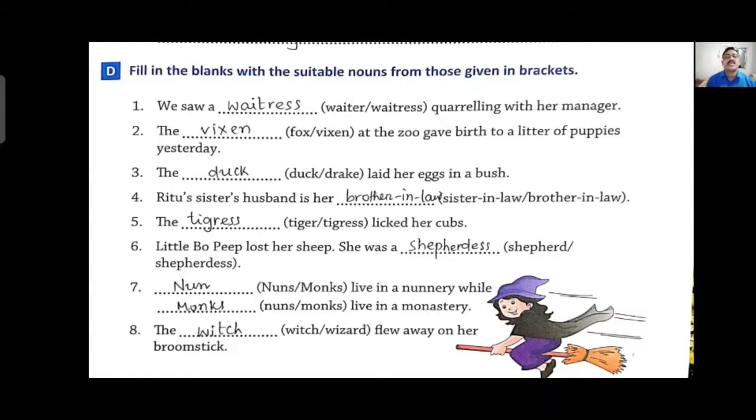So I have changed the red color nouns to their opposite gender. Now part D: fill in the blanks with suitable nouns from those given in brackets. First one: we saw a dash (waiter or waitress) quarreling with her manager. Her is written, which means it will be a female. So waiter is male, female is waitress.